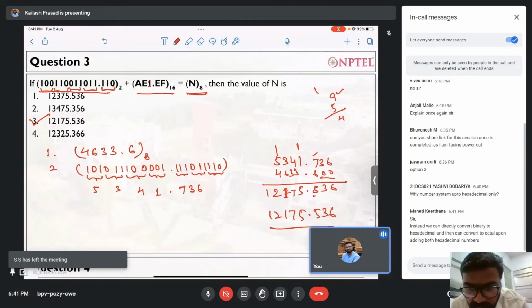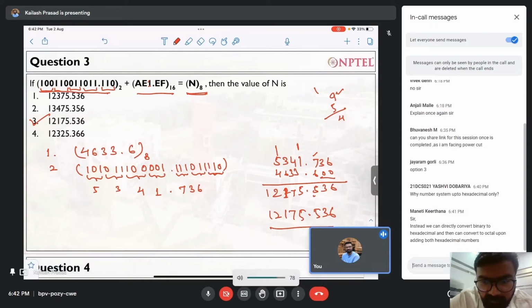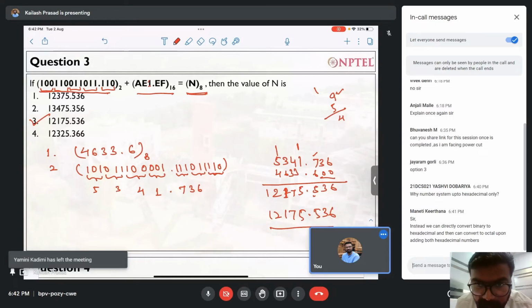Can you repeat the question again? Actually, I'm not hearing you clearly. Please repeat the question. If a pair of numbers is less than 3 on the left side, what will I do?